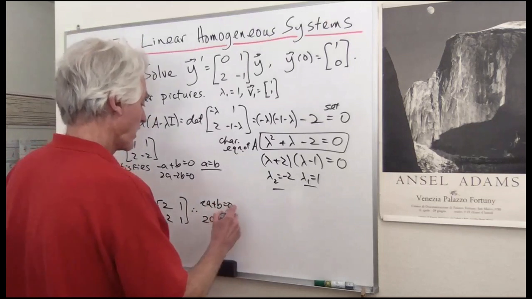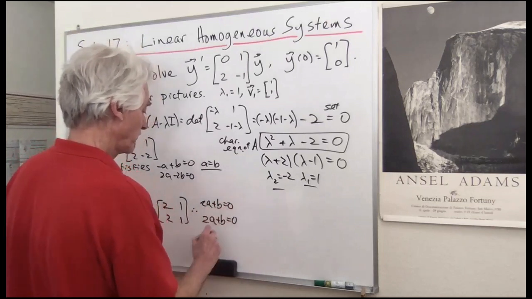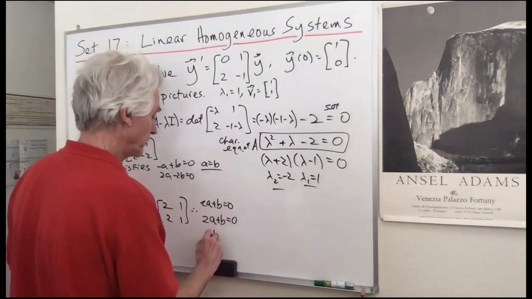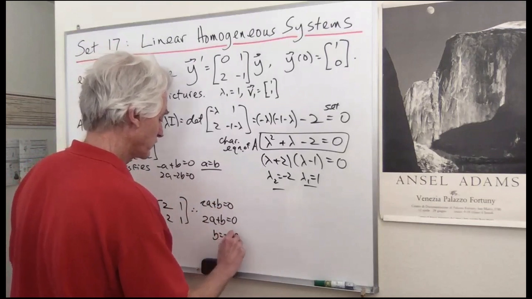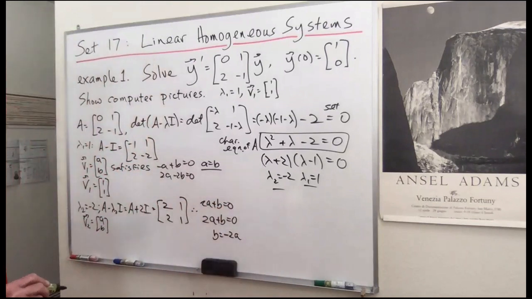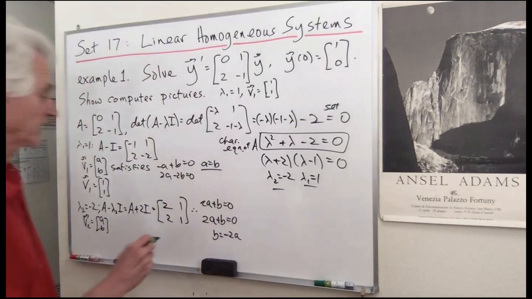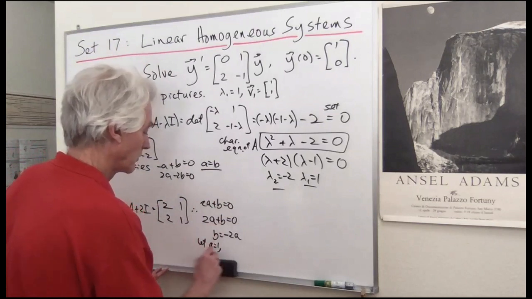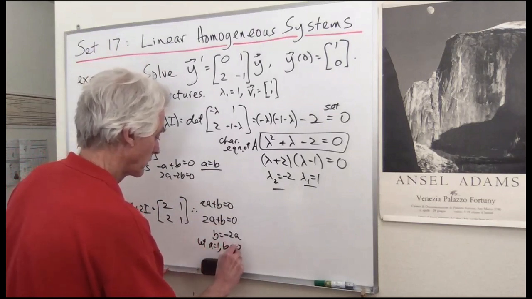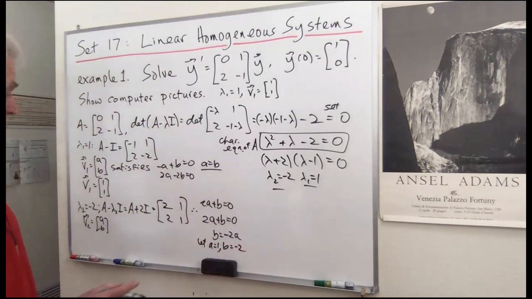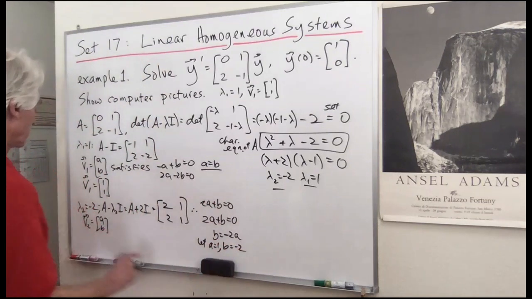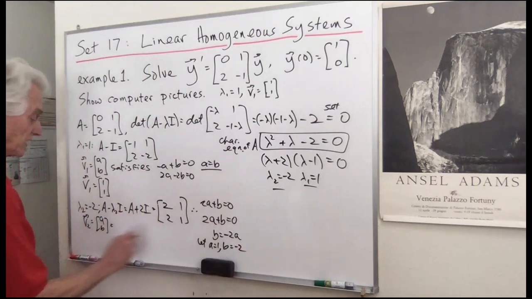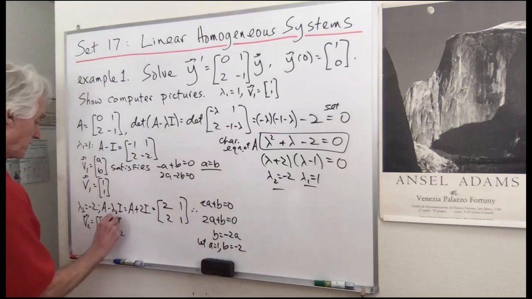So, I can solve this, probably nice to solve it for b. b is negative 2a. All right, so if I let a be 1, b is negative 2. Okay, so it's nice to avoid fractions. So V2, which is (a, b), is 1, negative 2.